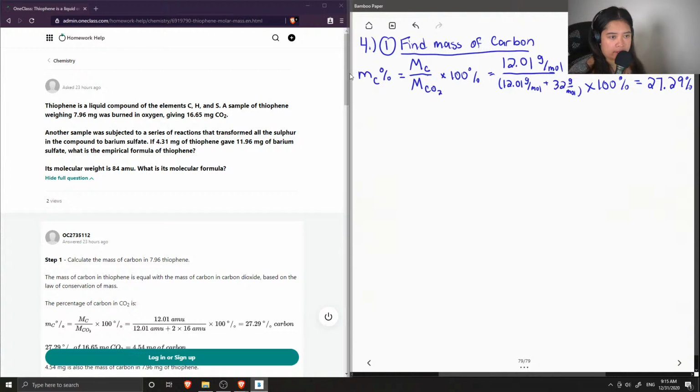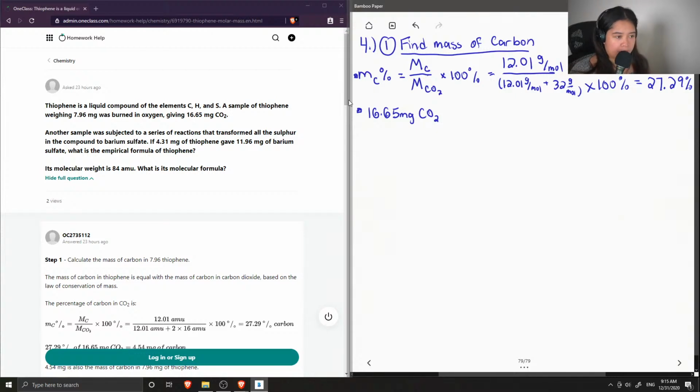Okay, so now that we know how much carbon is in carbon dioxide, and we also know that the sample of thiophene gave off 16.65 milligrams of carbon dioxide, if I multiply this by however much of it was carbon, so the 27.29%, then we can find the mass of carbon in the sample.